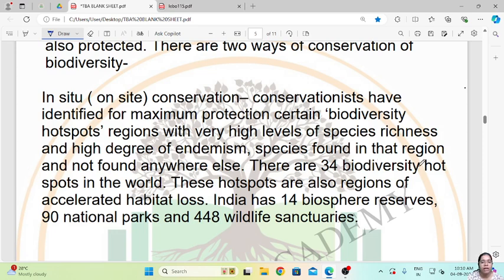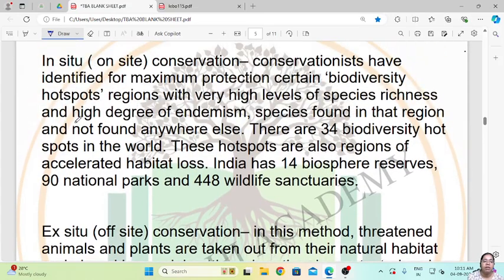There are 34 biodiversity hotspots in the world. These hotspots are also regions of accelerated habitat loss. India has 14 biosphere reserves, 13 national parks, and 448 wildlife sanctuaries. This is about the in situ conservation, that is conservation on site, in their natural habitat.